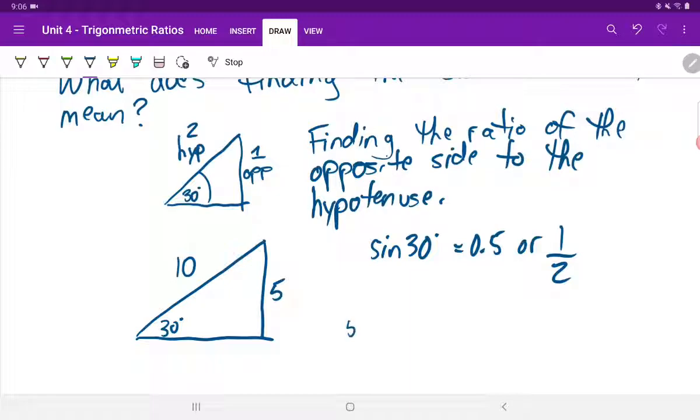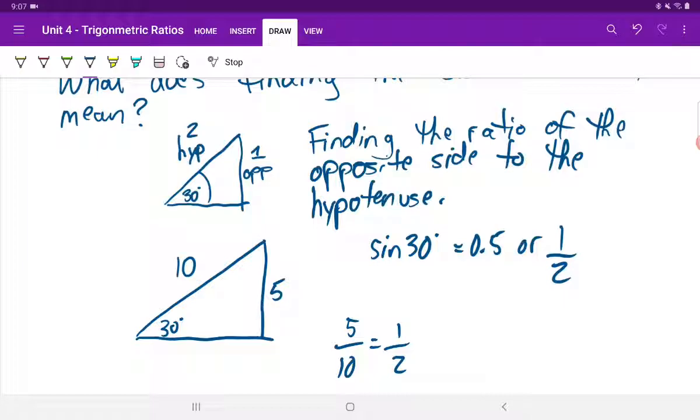But we know that 5 over 10 simply reduces to 1 over 2 anyways. So for every single right triangle that has a 30-degree angle, the ratio of the opposite to the hypotenuse will always be 0.5, no matter what. But that's only for right triangles.